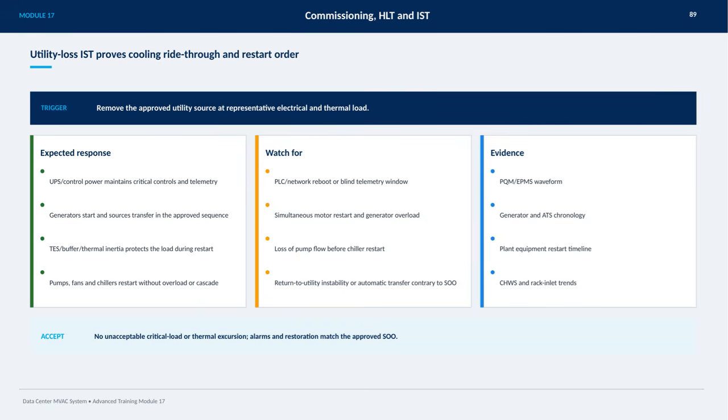To verify everything ran correctly, we review power quality monitoring and energy management system waveforms, generator and automatic transfer switch chronologies, plant equipment restart timelines, as well as chilled water supply and rack inlet temperature trends. Ultimately, the test is accepted if there are no unacceptable critical load or thermal excursions, and all alarms and restorations align perfectly with the approved sequence of operations.